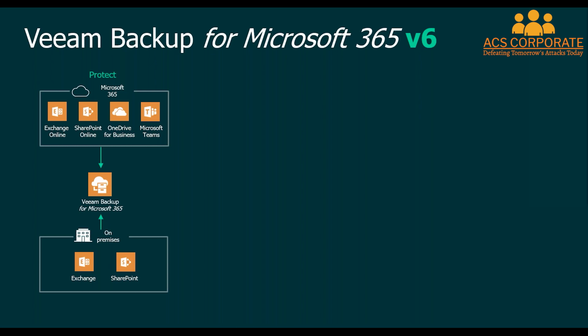And of course, we're able to back up Exchange on premises and SharePoint on premises. One of the key features of our product is the ability to back up a hybrid environment. For example, you can back up your Microsoft 365 data and restore your mails directly to your Exchange on premises or SharePoint, not just Exchange on premises.